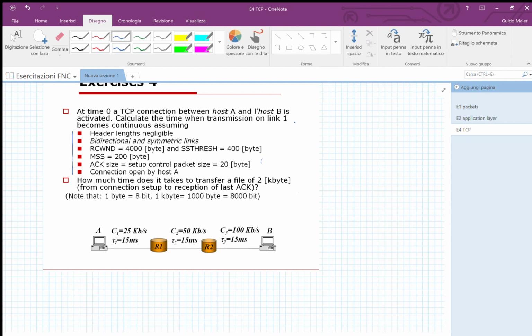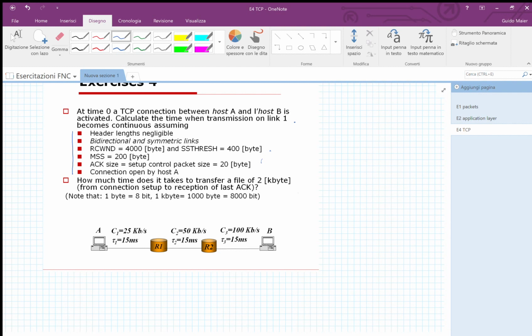This is quite a classical exercise, and we have to solve it, obviously taking into account also the congestion control, because as you can see, here we have a slow start threshold specified, which is a variable for the congestion control.